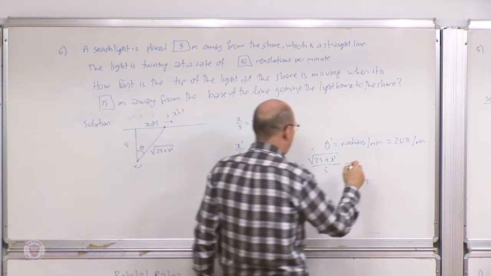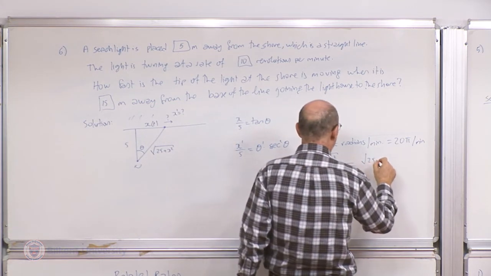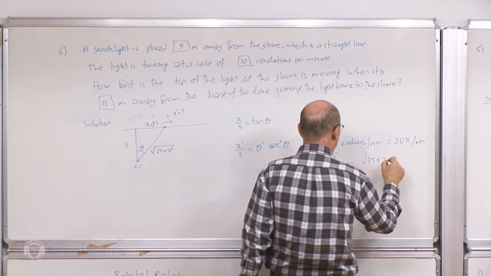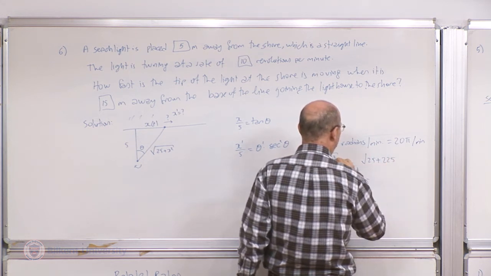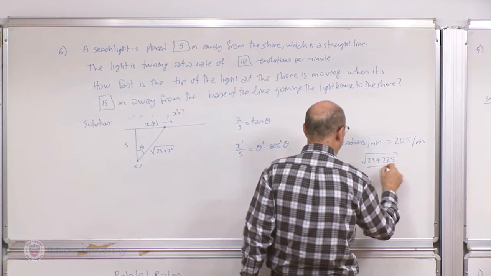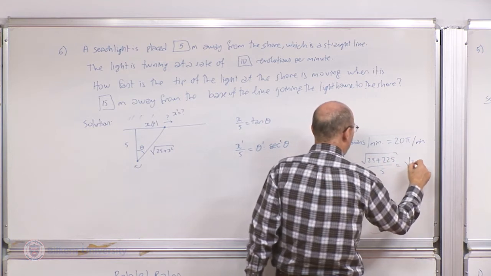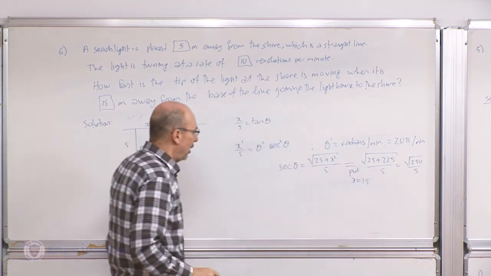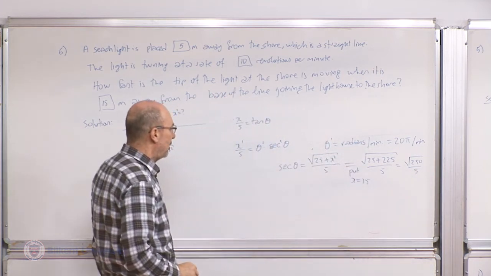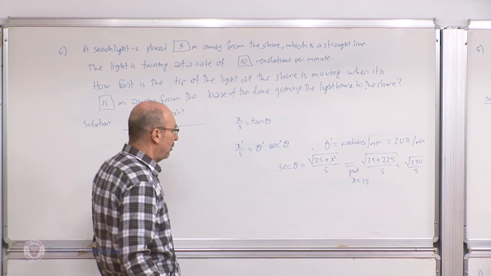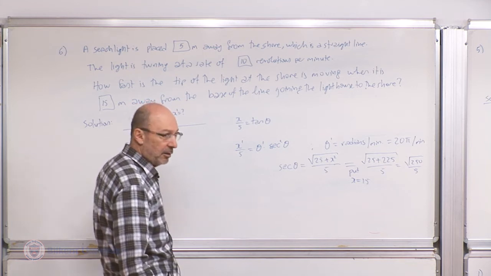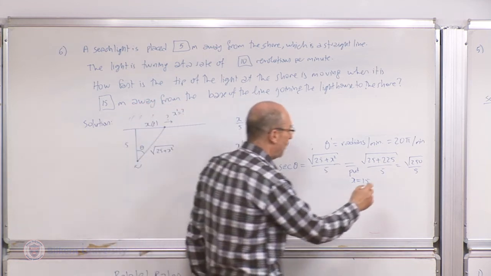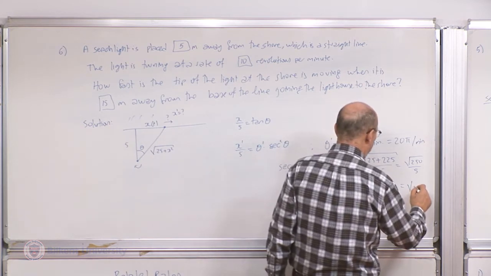So this is 25 plus 15 squared, which is 225, so 250 over 5. We can also simplify this. This is equal to square root of 10.